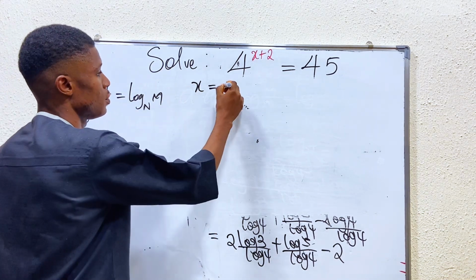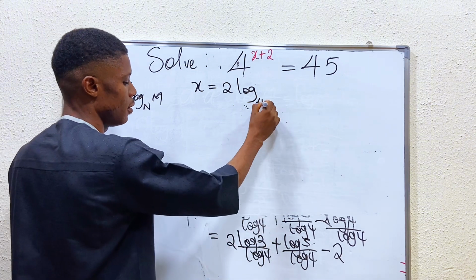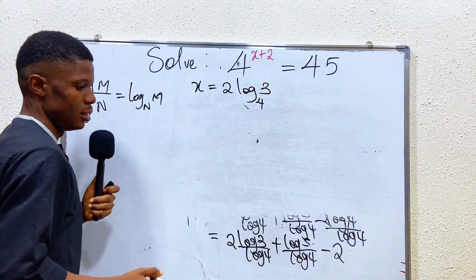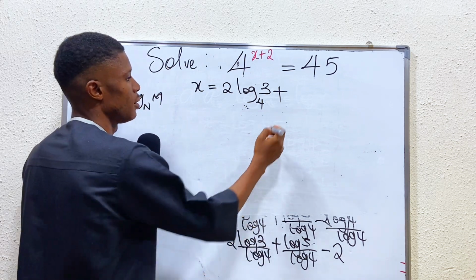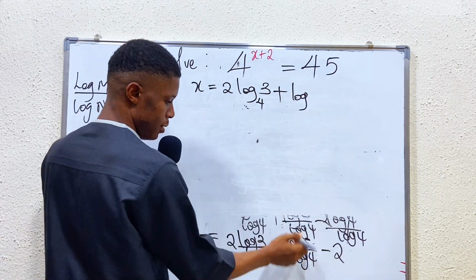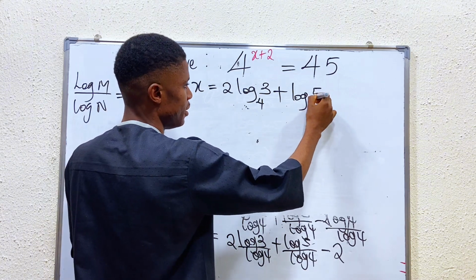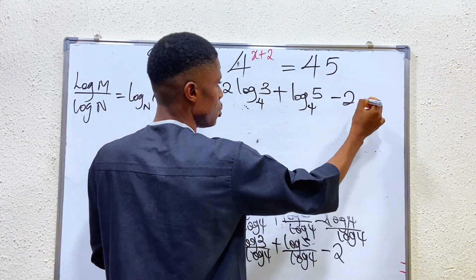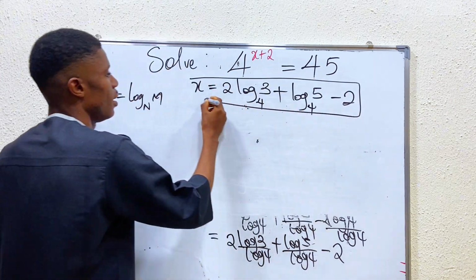We have 2 log base 4 of 3, then plus, what's common here? Nothing. So you have log base 4 of 5, then minus 2. And that's the actual solution for x.